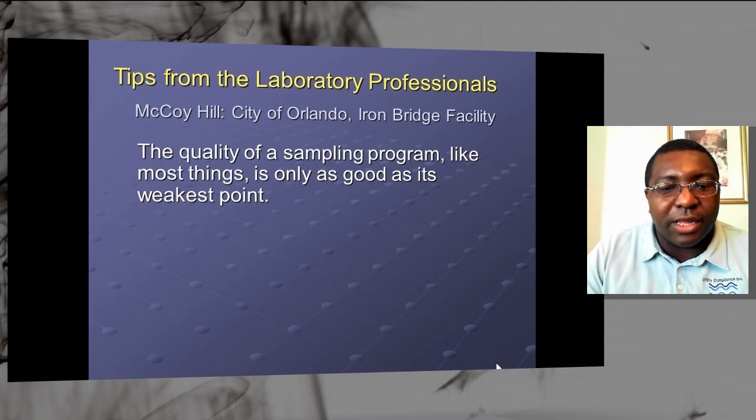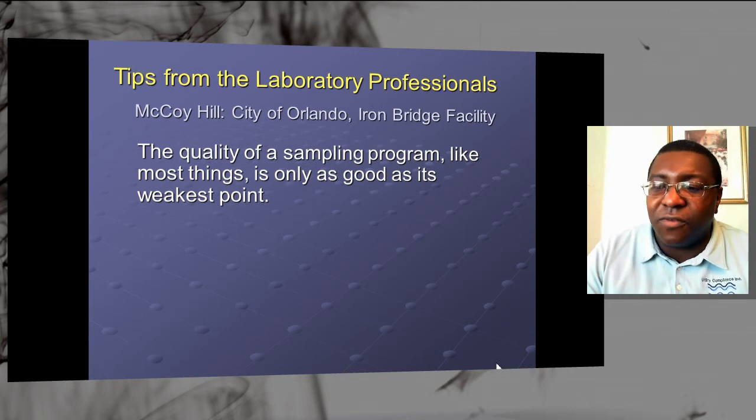So McCoy Hill, at the time of my question, and this was probably early 2000s when I first made this presentation, was a City of Orlando employee at an Iron Bridge facility, and he says the quality of the sampling program, like most things, is only as good as its weakest point.